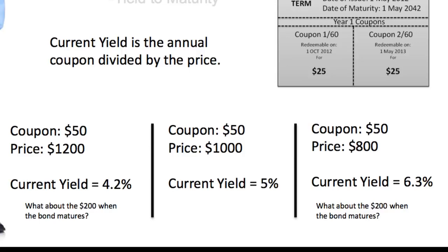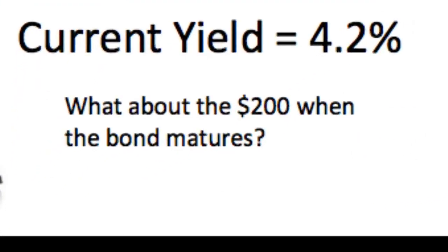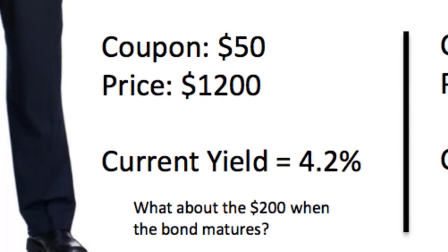Okay, so let's look at this first one that we have, where let's just say Jesse bought this for $1,200. The current yield on that is 4.2%. But what about the $200 that he's going to lose when this bond matures? Because we know whenever the bond matures, he's only going to get $1,000 back because that's the par value.